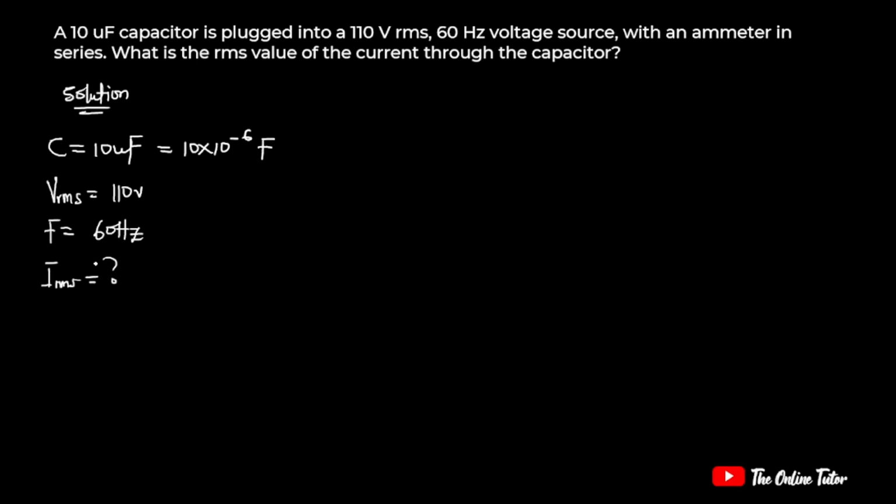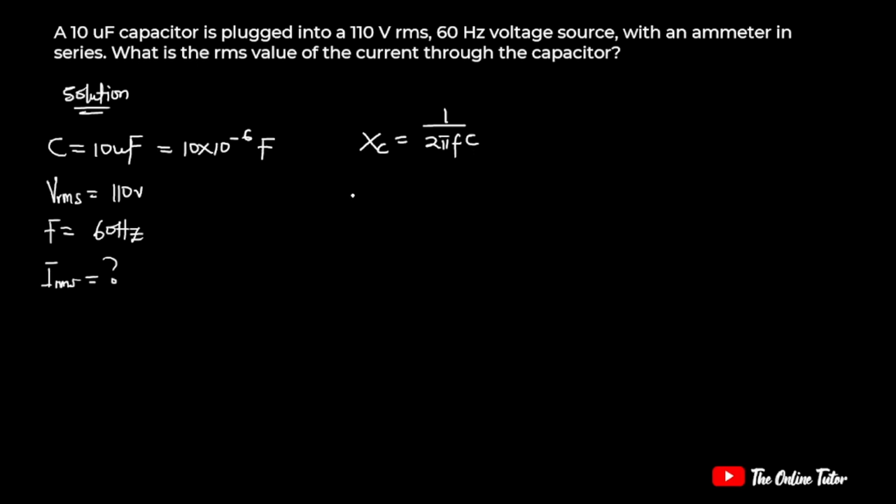Now in a capacitive circuit, that is a circuit where we have a capacitor as our main source of opposition to the flow of current, our resistance, which we call capacitive resistance, is given by the formula XC equals 1 over 2 pi fC, where C is the capacitance of the capacitor.